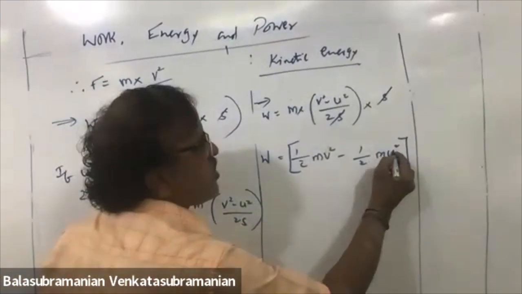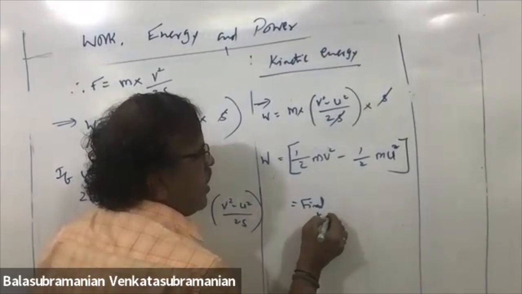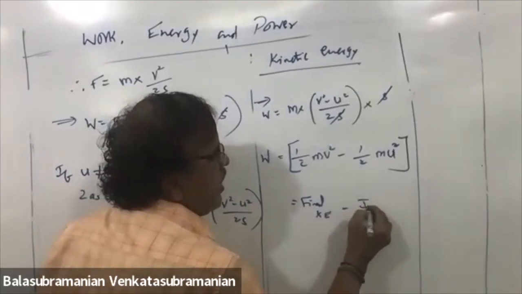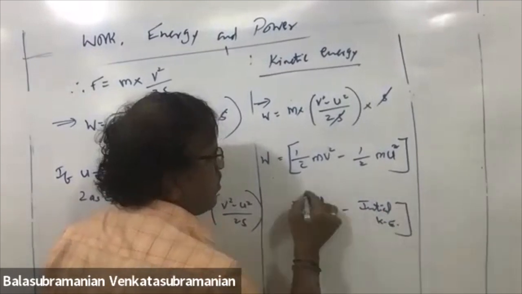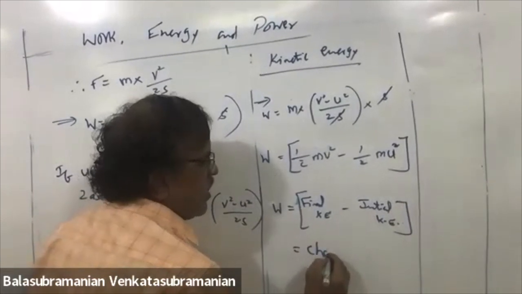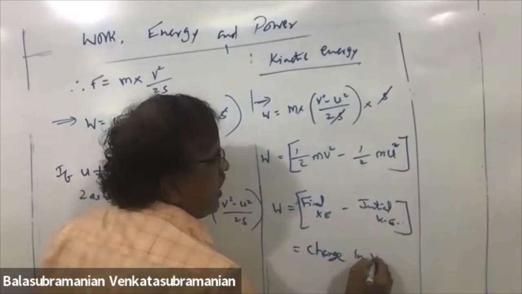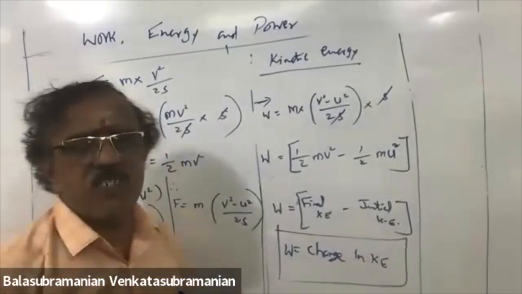So I can write final kinetic energy minus initial kinetic energy. That is W. So this is nothing but change in kinetic energy. This is the famous work energy theorem.